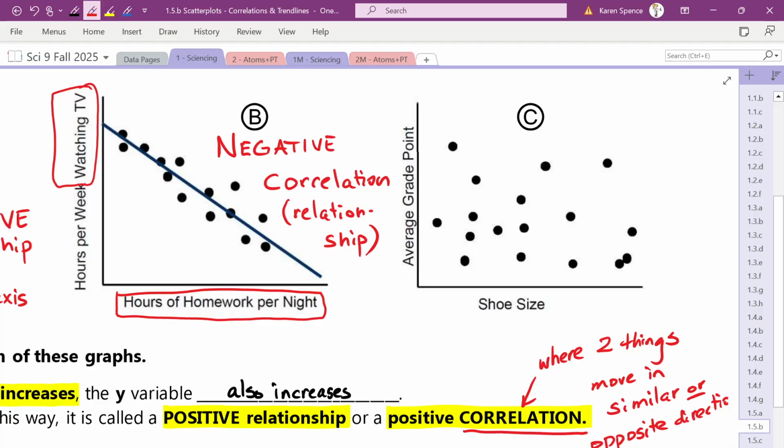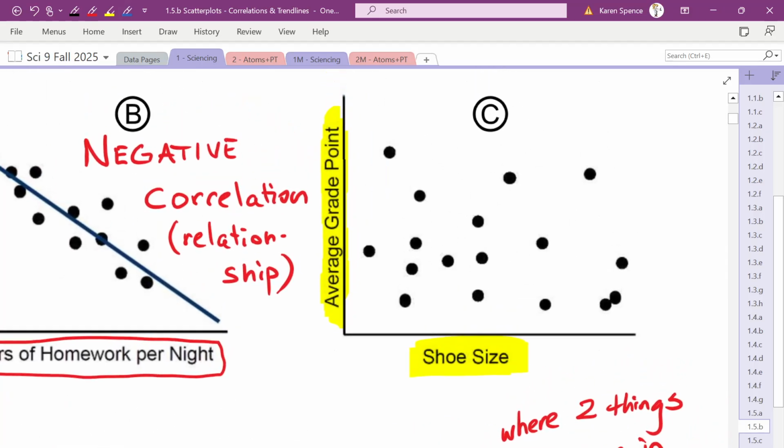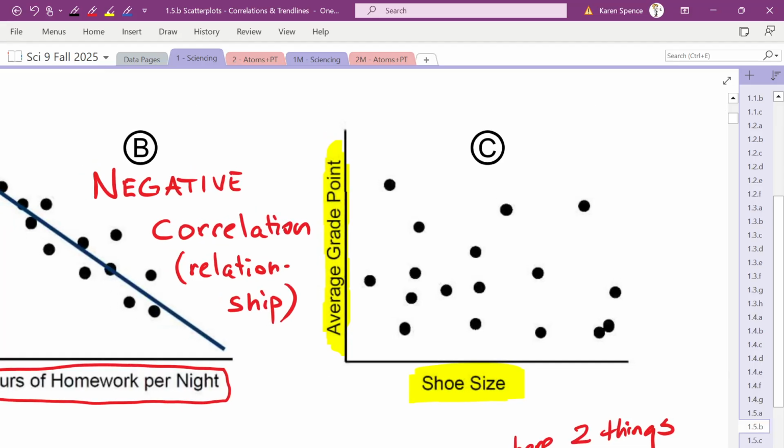And then finally, we have our shoe size. And we have our average grade point average. So our average grade, depending on our shoe size. What's the relationship there? Absolutely not. Absolutely none. This is no correlation. And you can see the points are just randomly scattered.